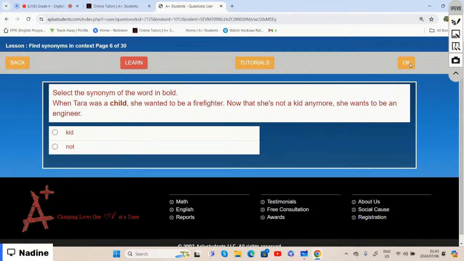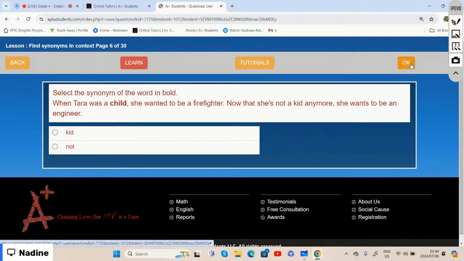When Tara was a child, she wanted to be a firefighter. Now that she's not a kid anymore, she wants to be an engineer. We need to select the synonym of the word child. What is the word that's the same as child, or almost the same as child?